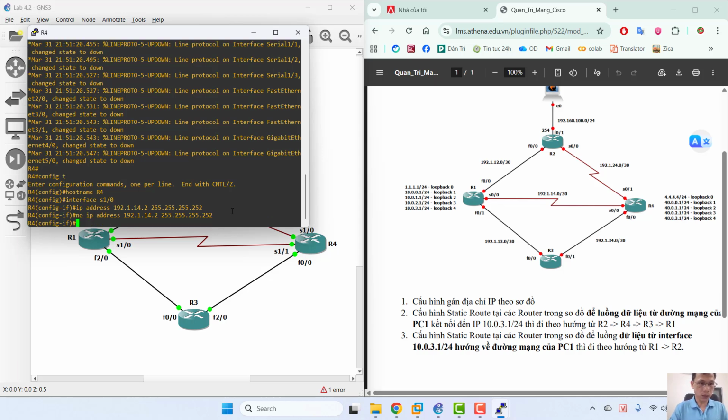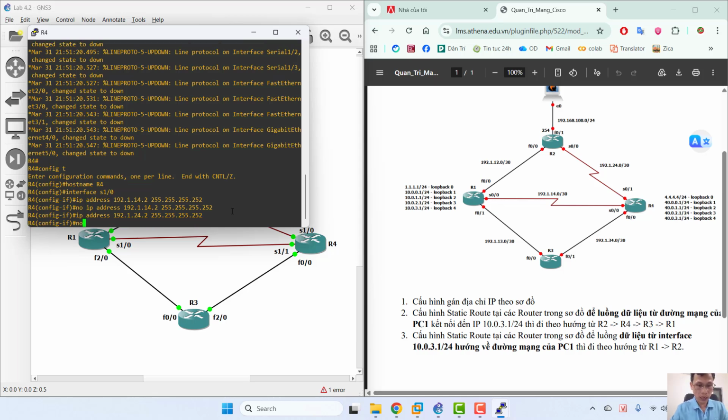Okay, IP address 1.24.2, 255.255.255.252. Okay, no shutdown.